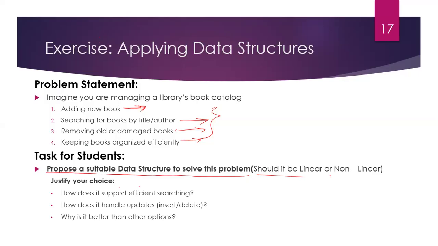It should be linear or non-linear. I think you remember it. What is linear, non-linear? Now you have to justify your choice: how does it support efficient searching, how does it handle updates, insert and delete, and why is it better than other options. So try this as well.